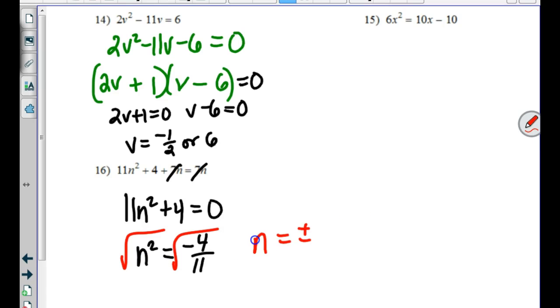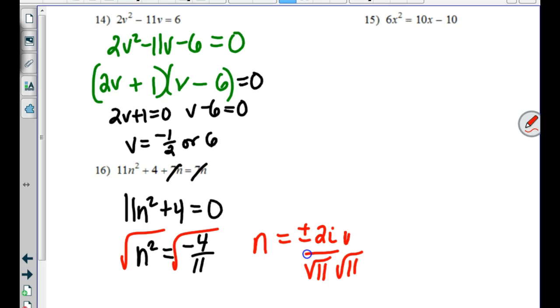n equals plus or minus. What does the top become? Almost. This is i, but what is the square root of 4? So it's just 2i. And then it is over square root of 11.